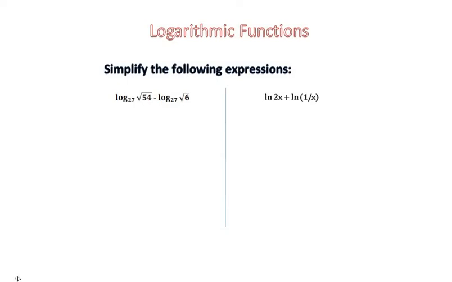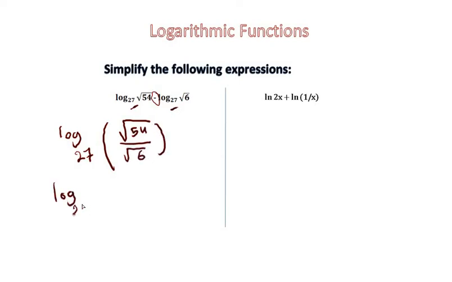Simplify the following expressions. Here we have two logarithms with the same base with subtraction. We can represent them by one logarithm with division. This is log base 27 of square root of 54 over square root of 6.